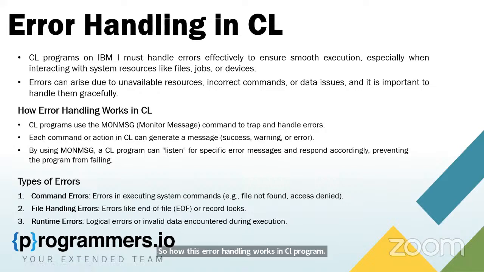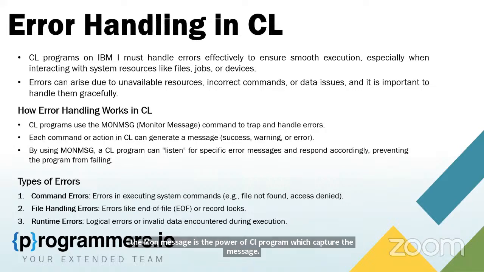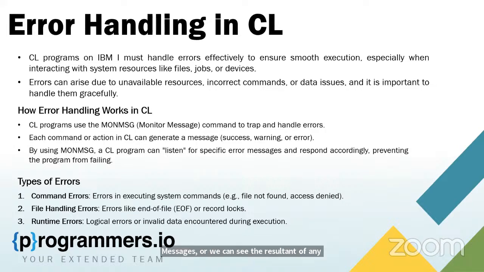Basically, MONMSG is the power of CL program which captures the messages, or the result of any program. It can be a success, a warning, some information value, or an error. All of these are captured by MONMSG.